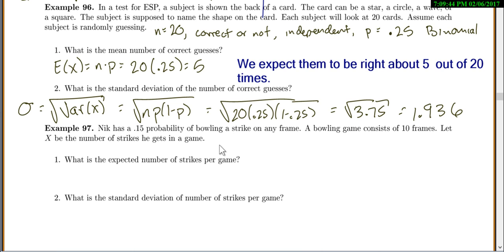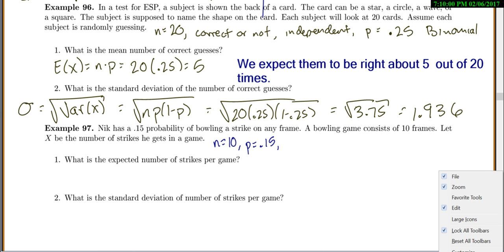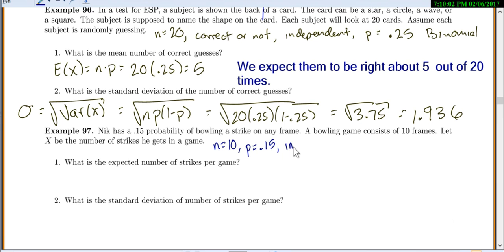But you could say, let's see, he's doing it 10 times. We know he has a 0.15 probability each time. What he gets on one frame shouldn't really affect the next frame, so they should be independent. And it's either a strike or not. So that does seem like it would be binomial.